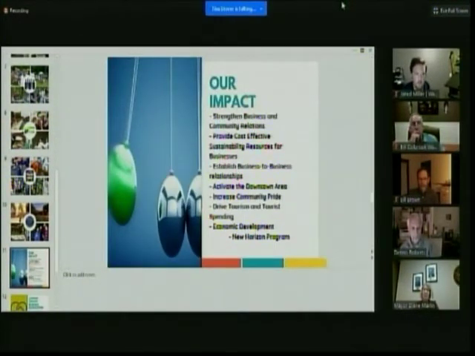Lastly, our impact on the community is great. Not only do we throw numerous events, but we're also looking for different ways to effectively bring our businesses together, bring more diversity, share our information, share our resources, establish business-to-business relationships, and drive tourism down to downtown.